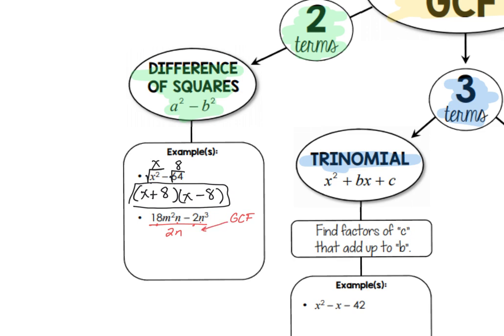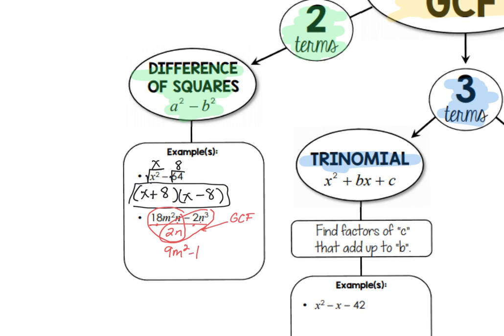So our first job is to just divide that away from each. So 18 divided by 2 is 9. We're going to keep the m squared, but we lose the n because that was part of the GCF. We're going to divide our second term. So negative 2 divided by 2 is, we have a negative 1.